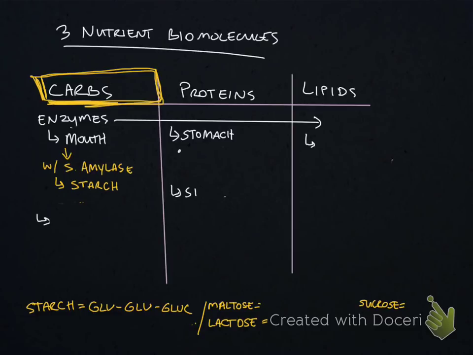We also see carbohydrate digestion in the small intestine. We use enzymes like maltase to digest maltose, and it will break maltose down into a glucose and a glucose molecule.